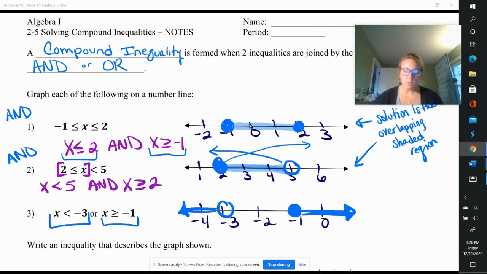So and inequalities are shaded in between those two endpoints. And then or inequalities are shaded in the tails of the number lines. So that's how we graph compound inequalities.